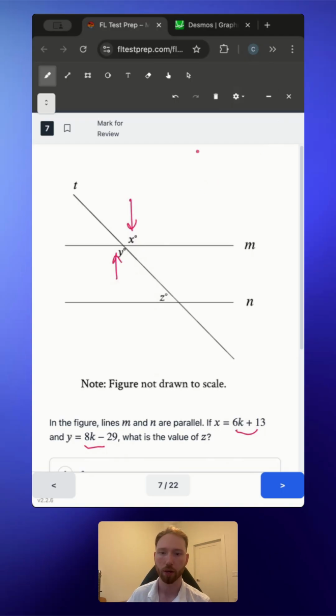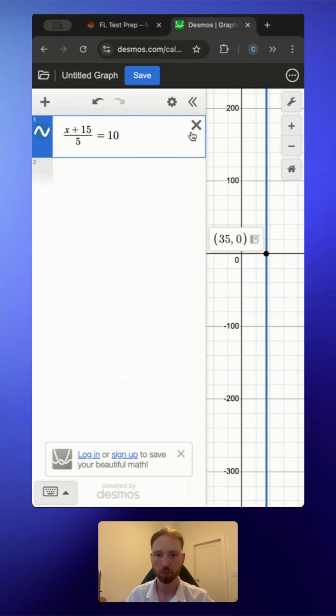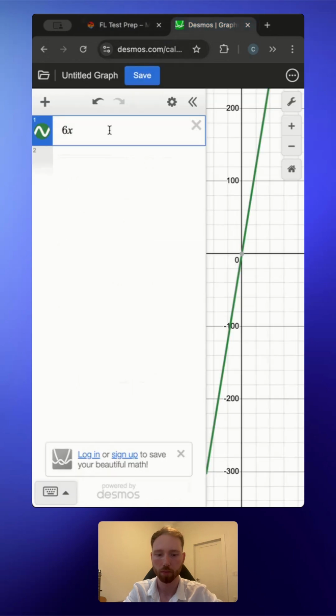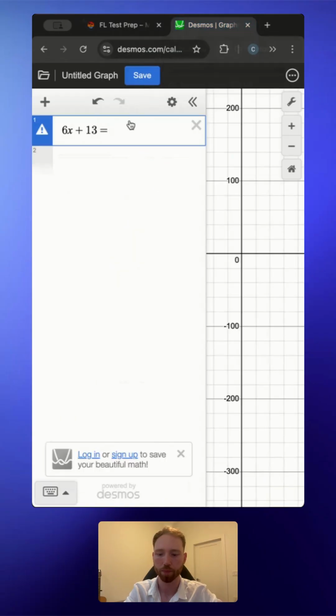So here's how I do it. We want to get 6k plus 13 equals 8k minus 29. Now, this is the type of math I'll let Desmos do because it's a little complex. Moving it into Desmos, I'm going to instead make it x, so 6x plus 13 is going to be equal to 8x minus 29.